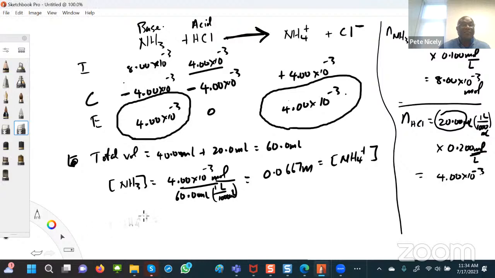Okay, so what is the pH? Well, the Henderson-Hasselbalch equation is what we'll be using here. And that equation is pH, in this case, will be equal to pKa plus log of the concentration of the base, which is NH3, divided by the concentration of NH4+.